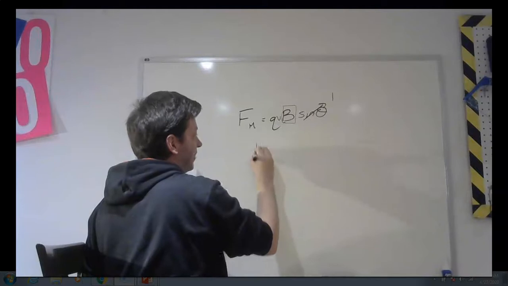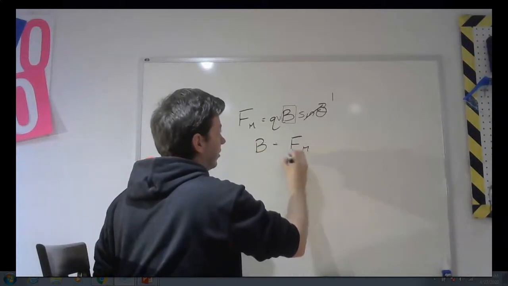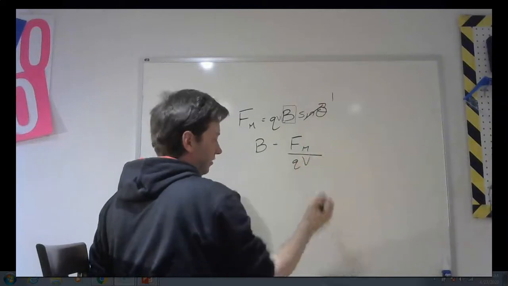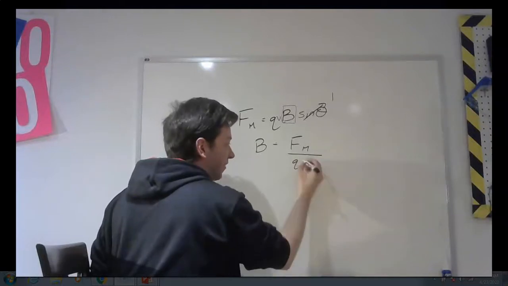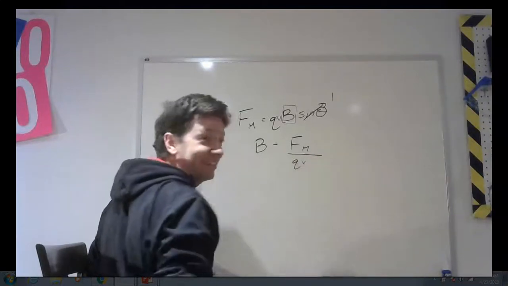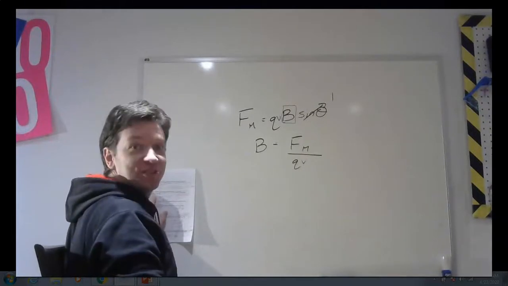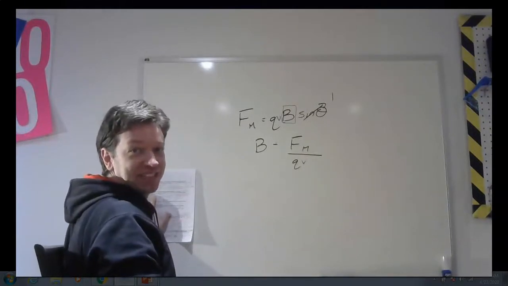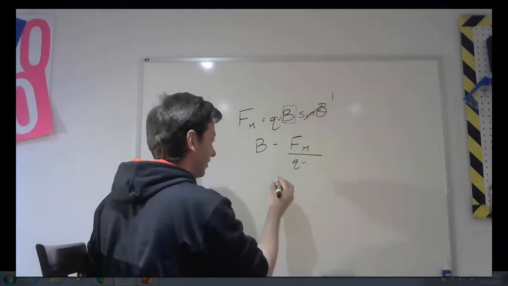So rearranging for B, we get Fm over Qv. I should write that as a small v. Be very, very clear that it's a small v, because you can see now we're using potential difference and velocity a lot in the same equation. So let's be very careful that that's a small v.